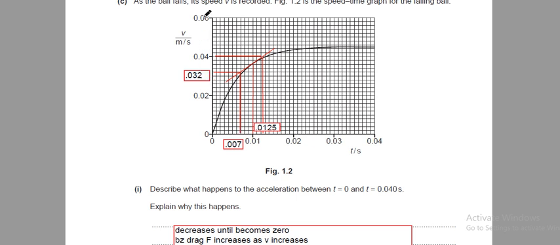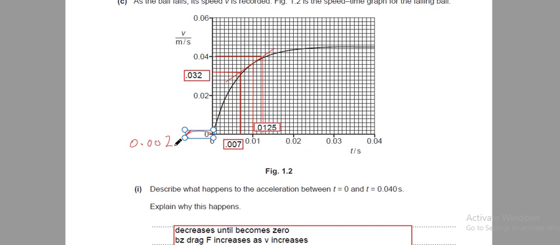To determine the y and x coordinates, we should find how much every small square represents, whether on the y-axis or on the x-axis. On the y-axis, 0.02 is represented by 10 small squares, so every small square represents 0.002.